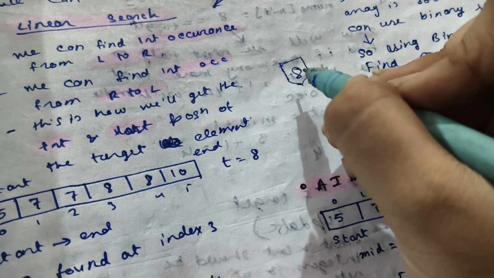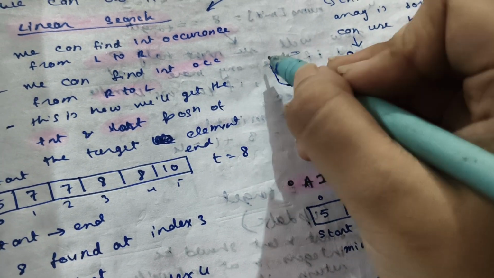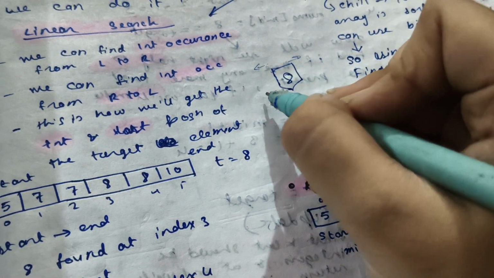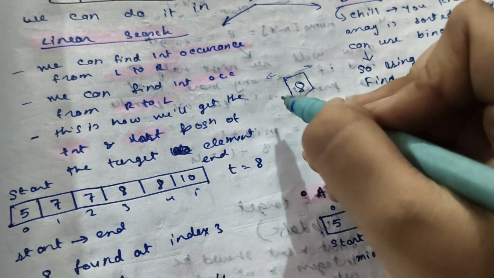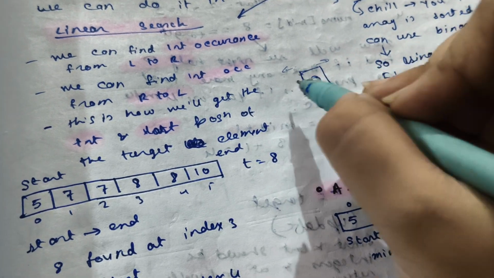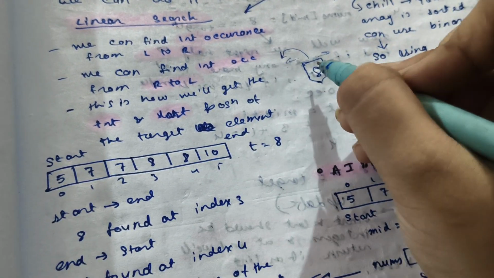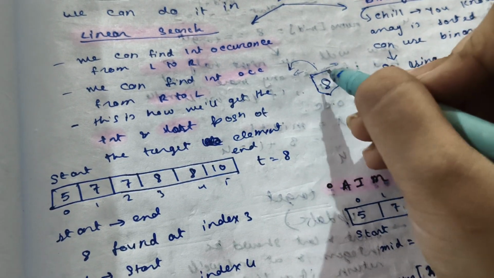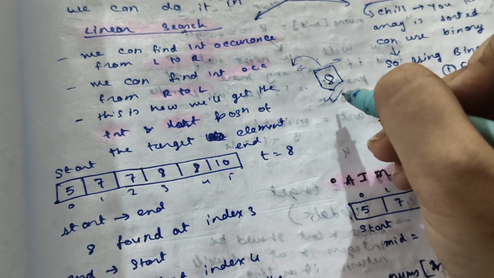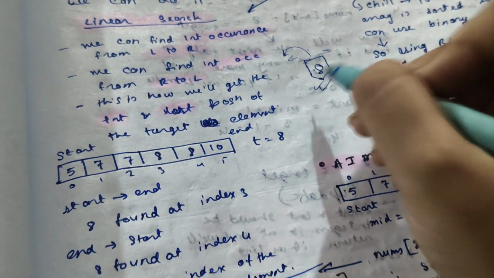Where could the first occurrence be present, on the right side or the left side? Obviously on the left side, that is where we count the elements, and that is where the first element is more likely to be, right? So that's why we are going to check the left side of the mid after we find the target.